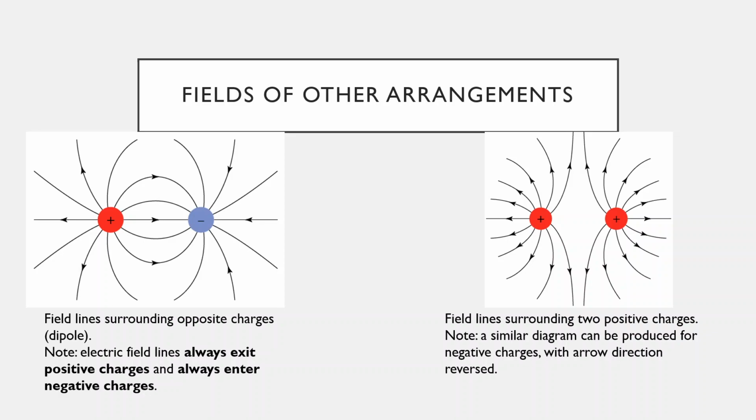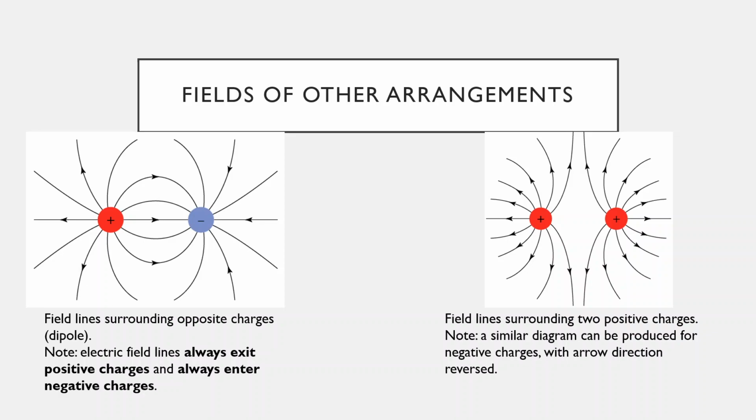You've also got here on the right the electric field surrounding two positive charges closely spaced together. You could do the same thing for two negative charges closely spaced together, except the field lines would point towards the negative charges rather than away from them.